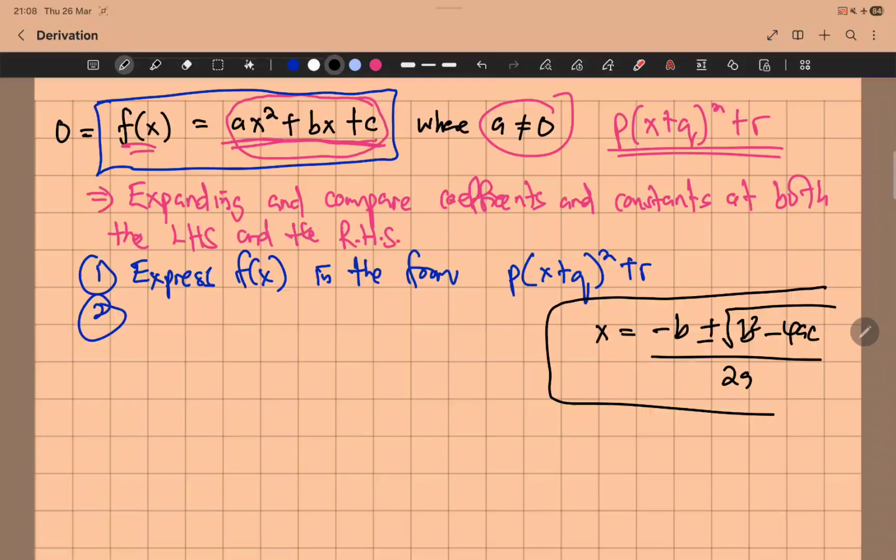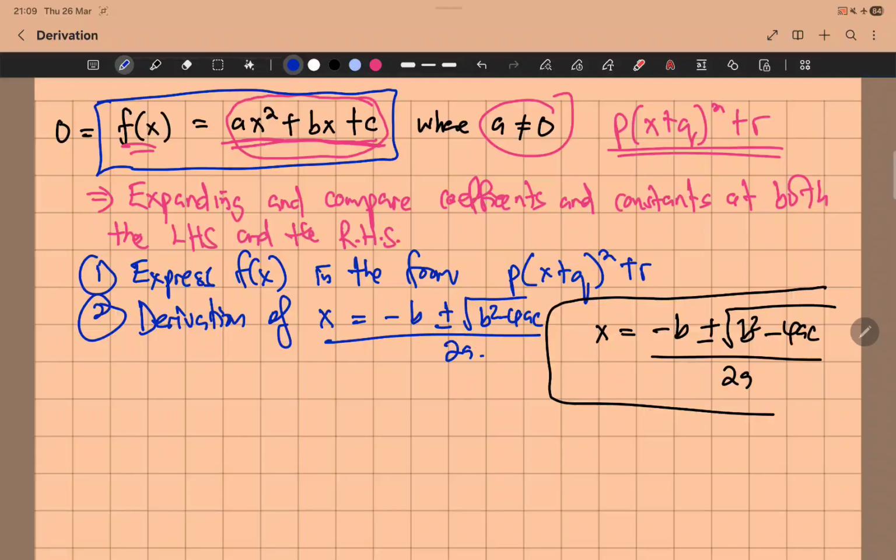So basically it's the derivation of that equation using this method of expanding and comparing coefficients and then solving for x, right? Yes, so let's just take note of that. Derivation of x equal to negative b plus or minus square root of b squared minus 4ac, all that over 2a. So I'm going to give you an understanding of how we get here.